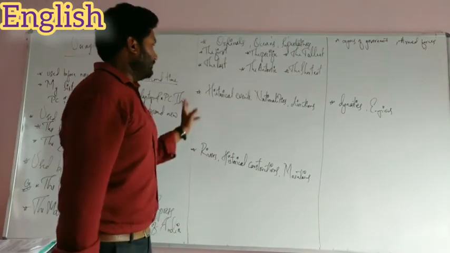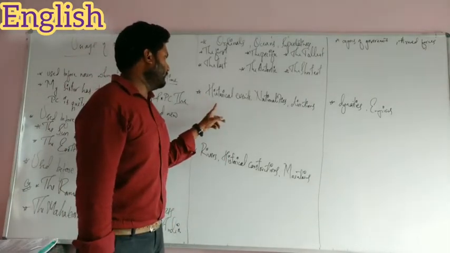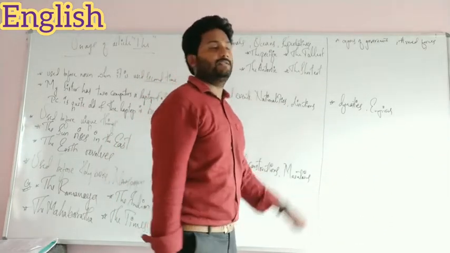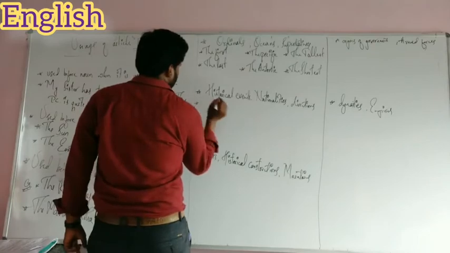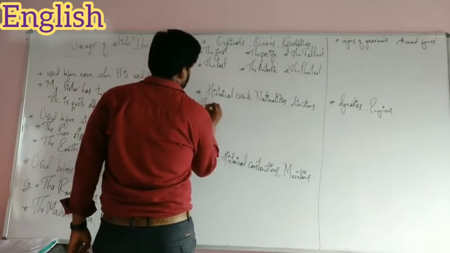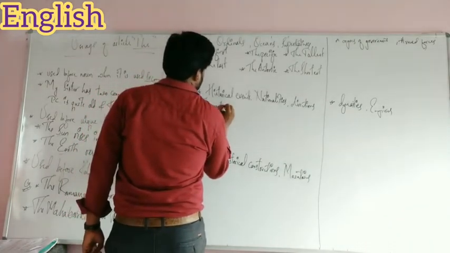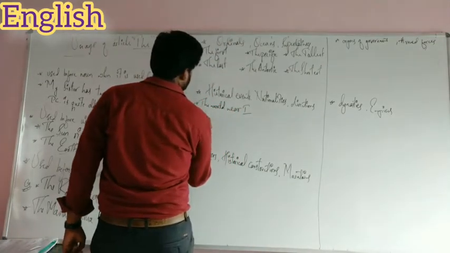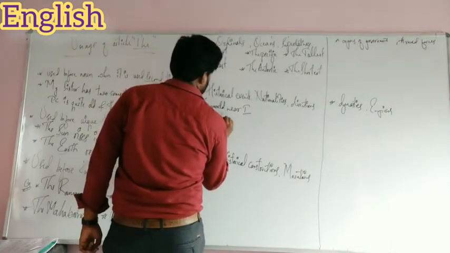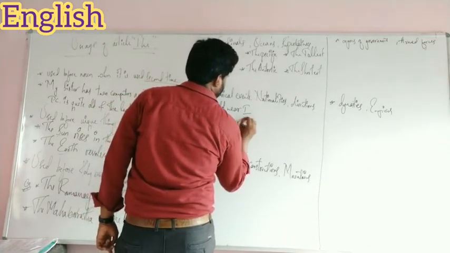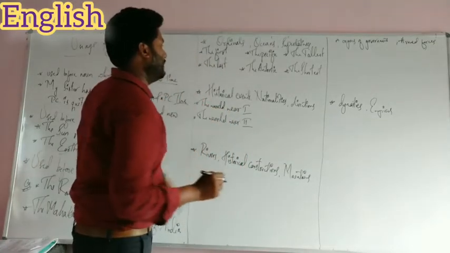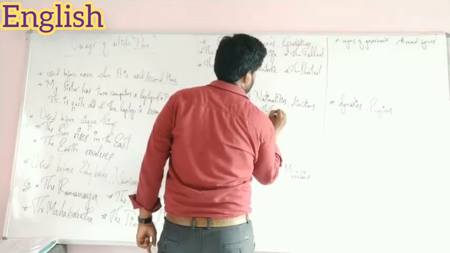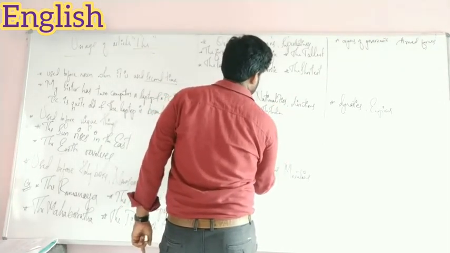Next, the article is used before historical events, nationalities and directions. See the examples. Historical events: the World War First, the World War Second. Nationalities: the Indian, the Russian.